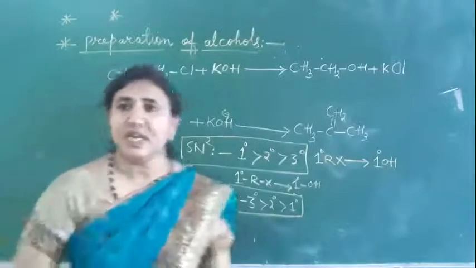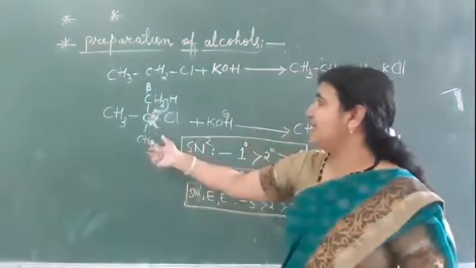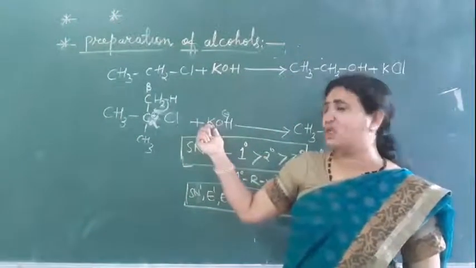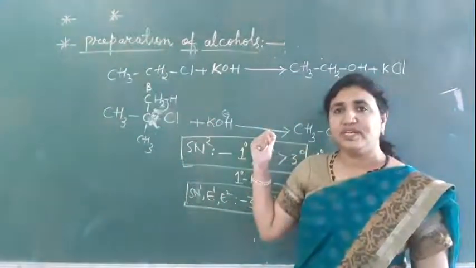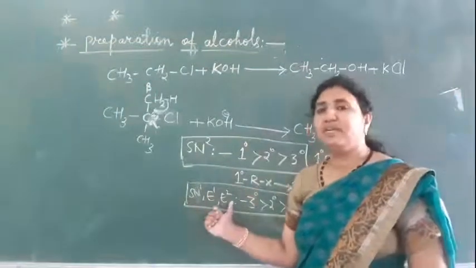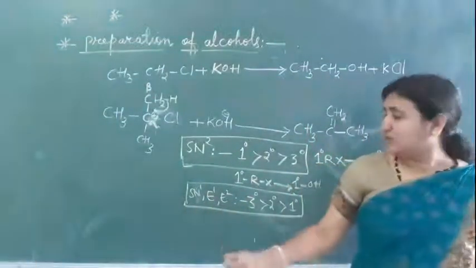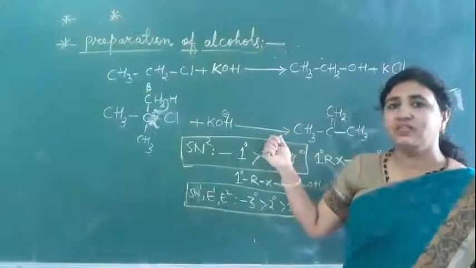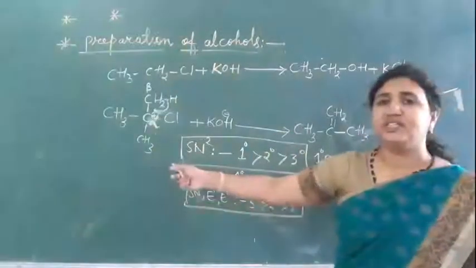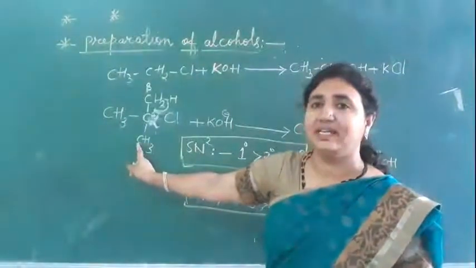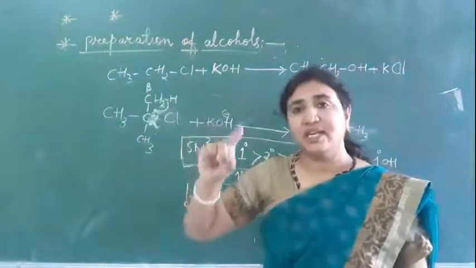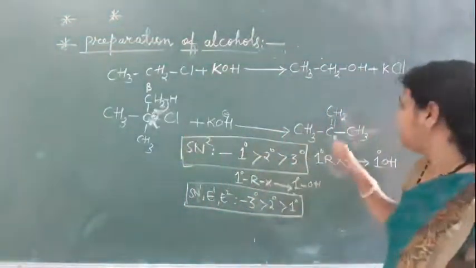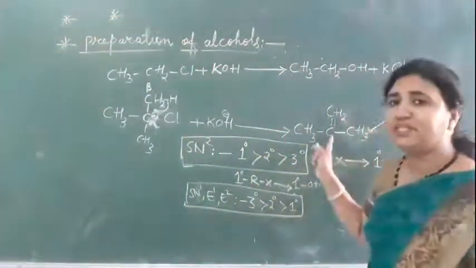That means secondary alkyl halide undergoes both elimination and substitution reactions. The order is the same, but elimination is more than substitution for tertiary alkyl halide. That's why tertiary alkyl halide, when reacted with strong KOH, gives alkene as the major product.